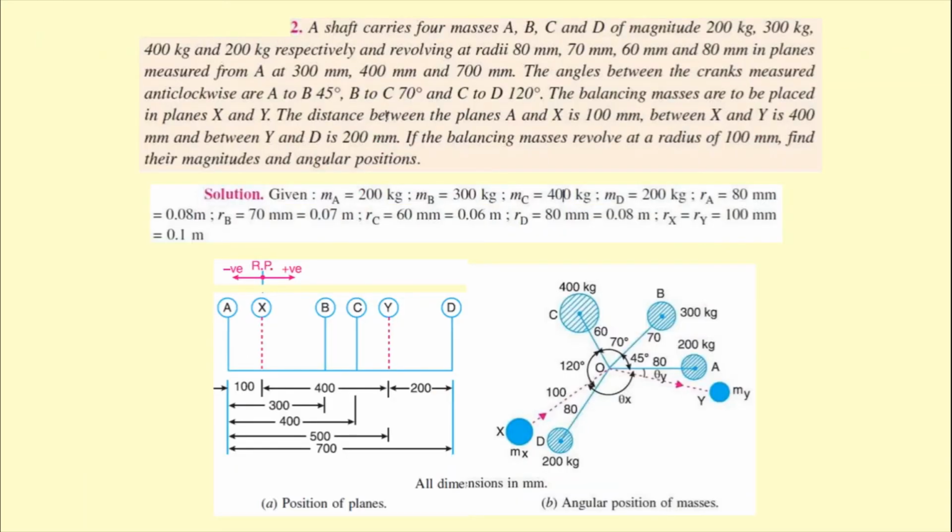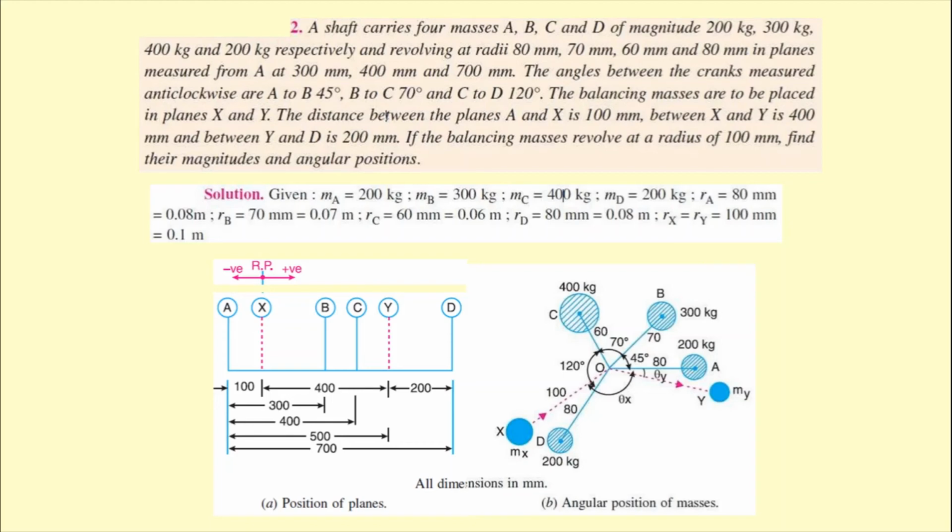A sample numerical problem is given over here. A shaft carries 4 masses A, B, C, D, and the values are given as 200 kg, 300 kg, 400 kg, and again 200 kg, with a radius of rotation 80 millimeter or 0.08 meter, 70 millimeter, 60 millimeter, and 80 millimeter respectively.